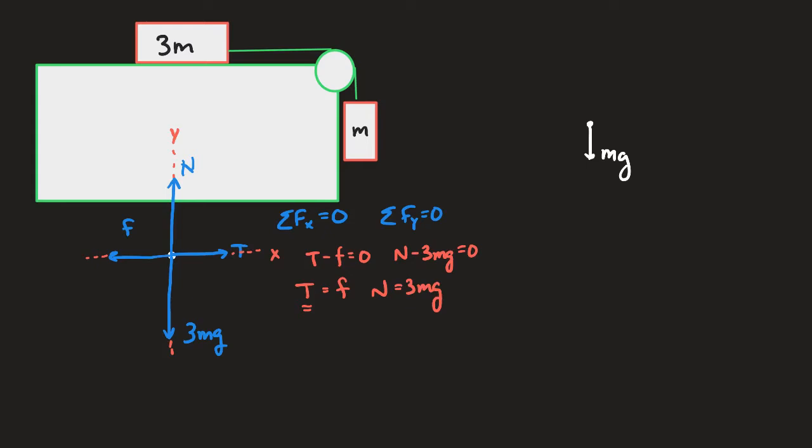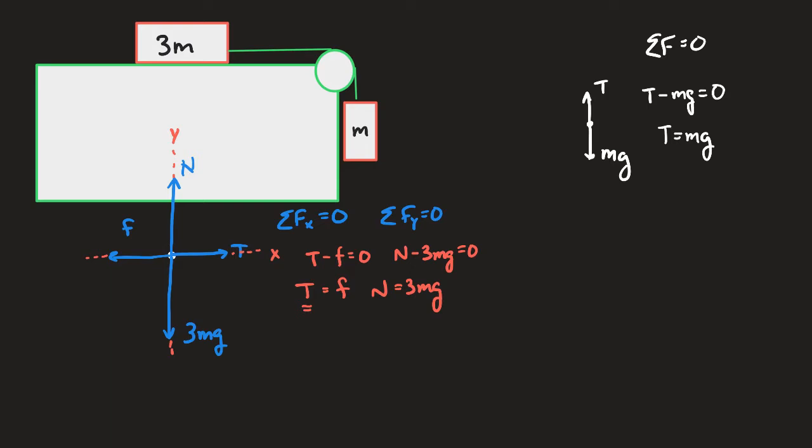mg downwards, tension upwards. The net force on this mass also equals 0. I'm not going to bother with a coordinate system. It's very one-dimensional. So T minus mg equals 0. T equals mg. So now it's at this moment that I realize I have 2 ways of showing what the tension is.